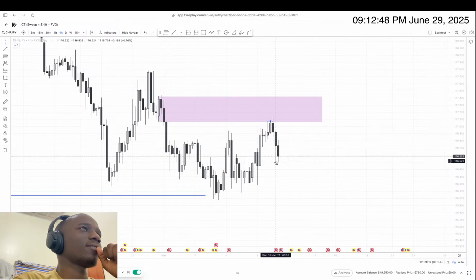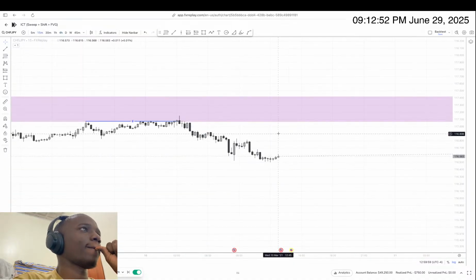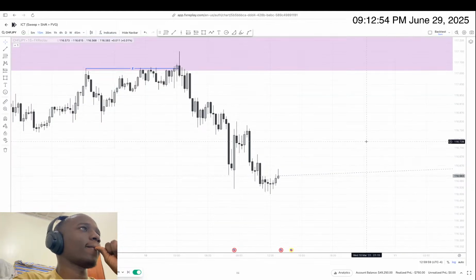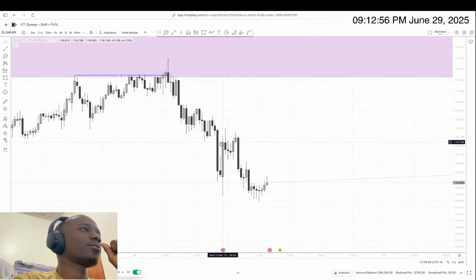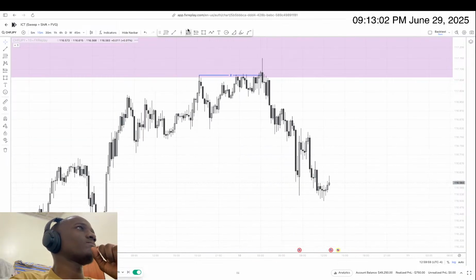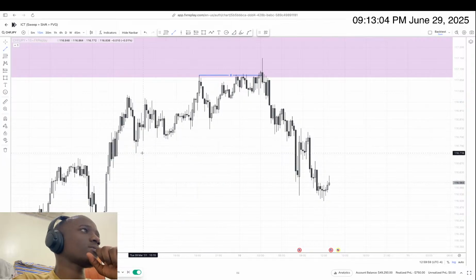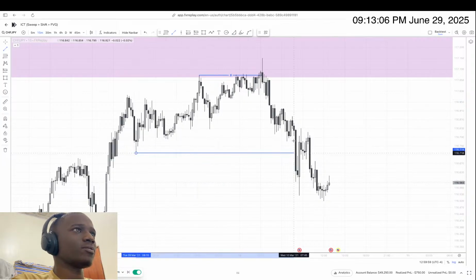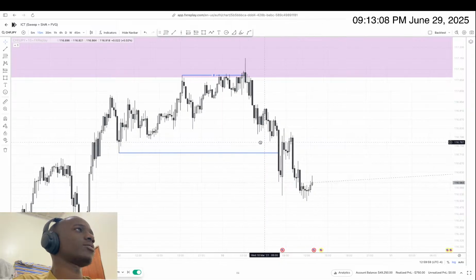You can see how the candle closes. Yeah. Which means we get a full retracement into this gap in the 15 minute. You can see that on this move, we get a full shift.